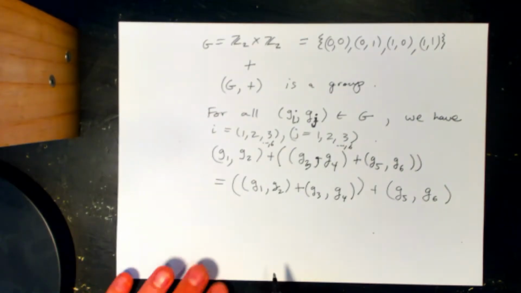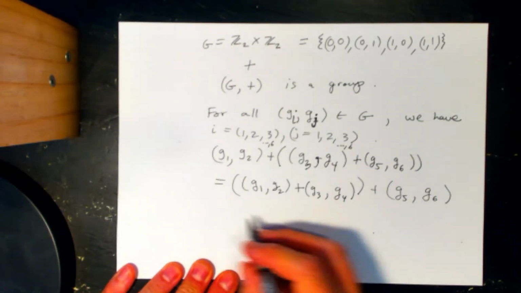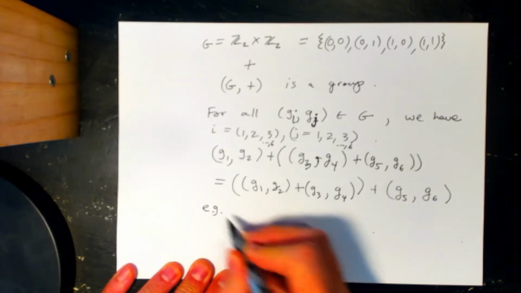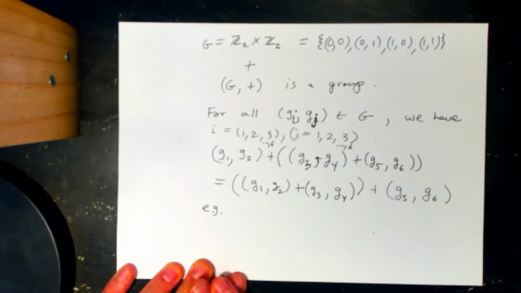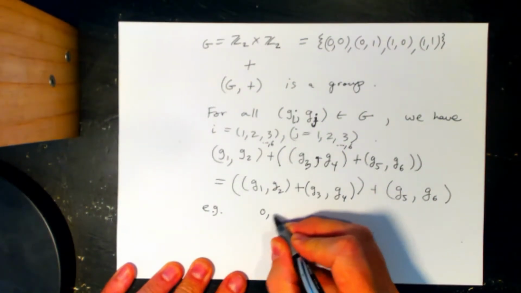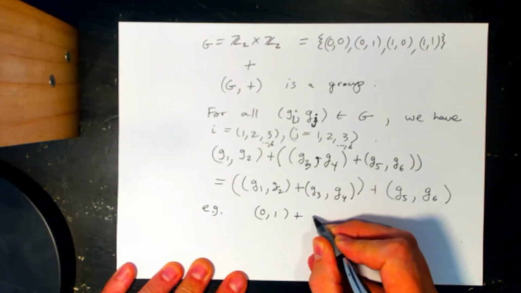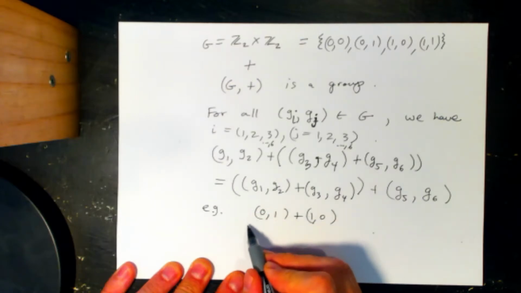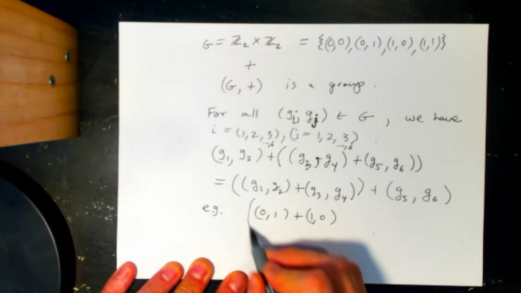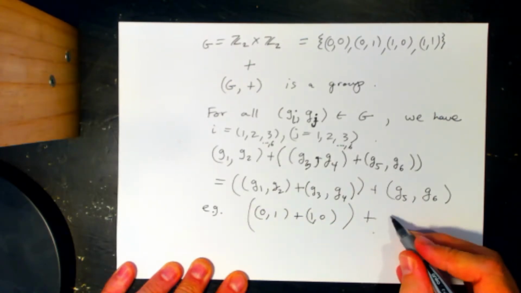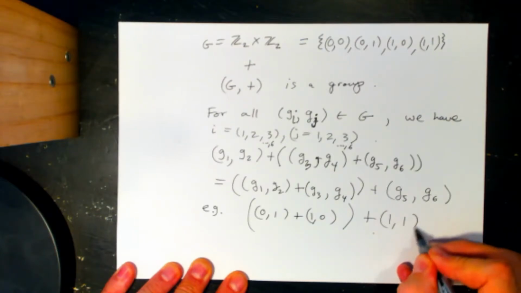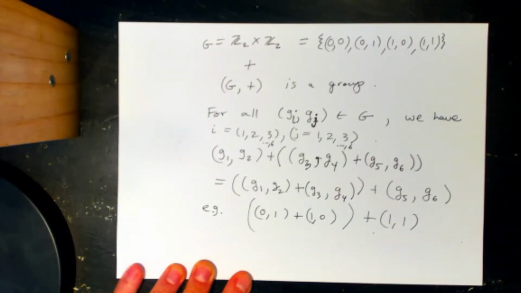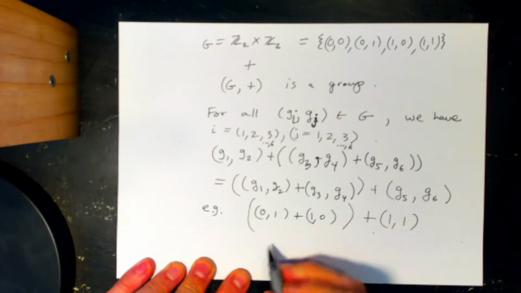So for example, let's just take the last 3 here. So (0, 1) plus (1, 0), and then we'll put a bracket around this first, and then say plus (1, 1). Let's perform the addition inside.